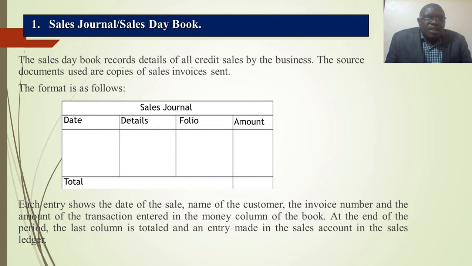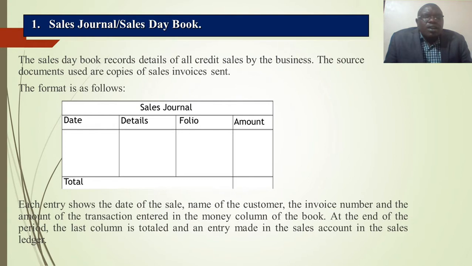The format of a sales journal is as shown in that slide. The title is the sales journal, and we have four columns. The first one is for date, the date of the transaction. The second one is for details, that is the description of the client who bought goods on credit.